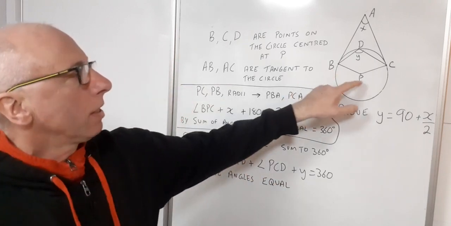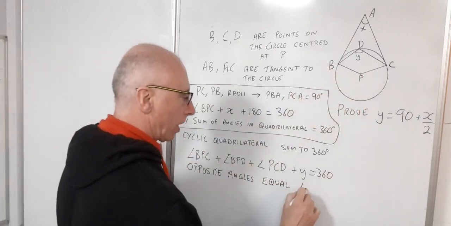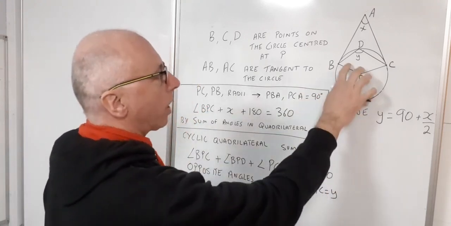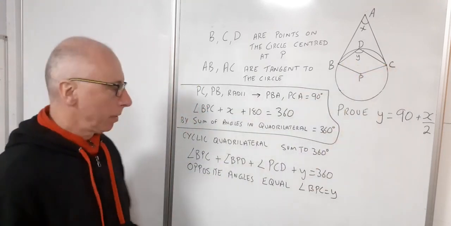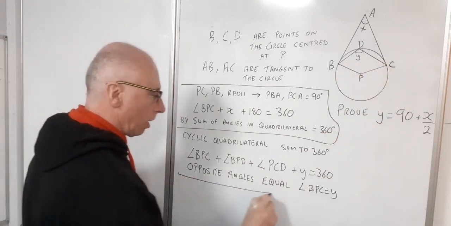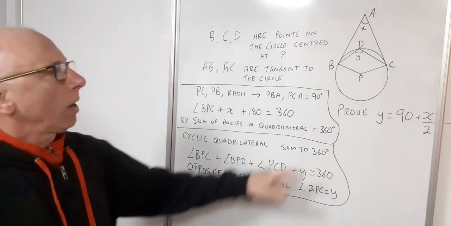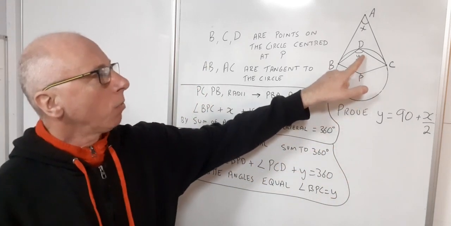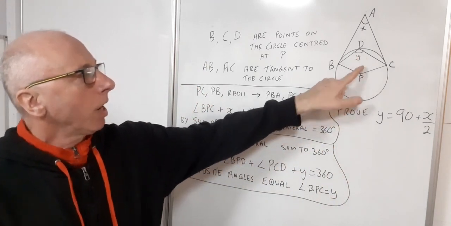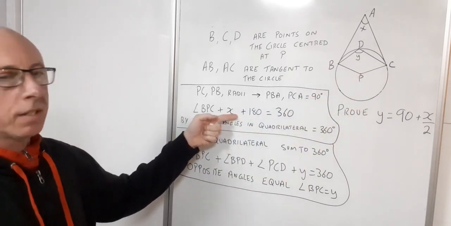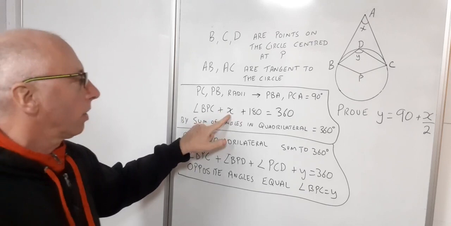Okay, so BPC equals Y. So angle BPC equals Y. Now the size of these angles here, I don't know at the moment. So that's my next bit of information that I can put in there. So how am I going to find out what I've got here and what I've got in here? Now I know this angle here is found by this here. So let's use this angle here.